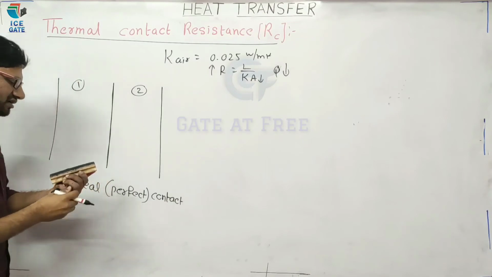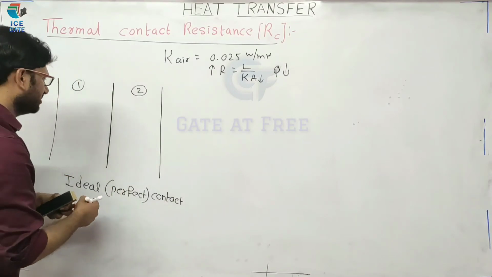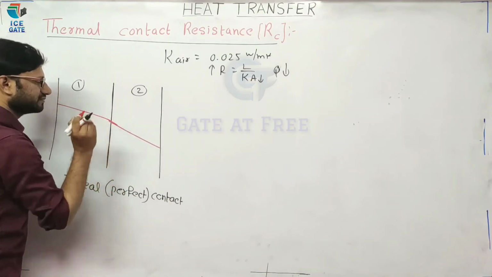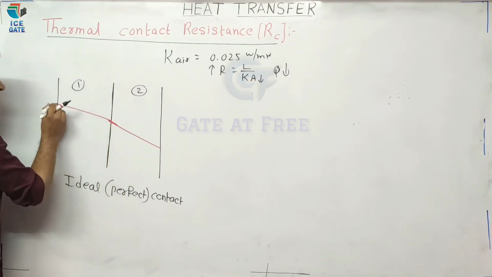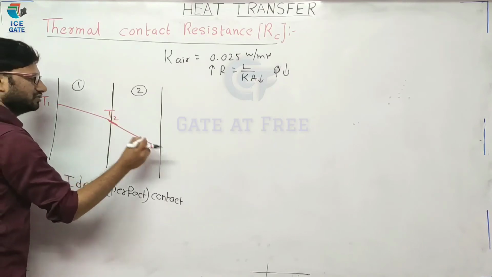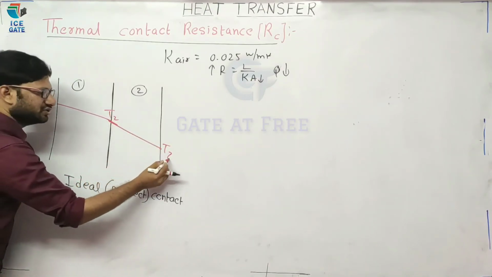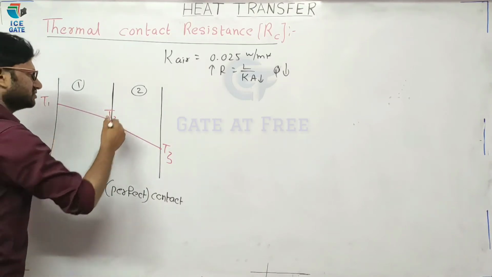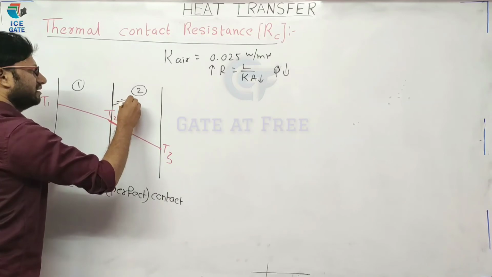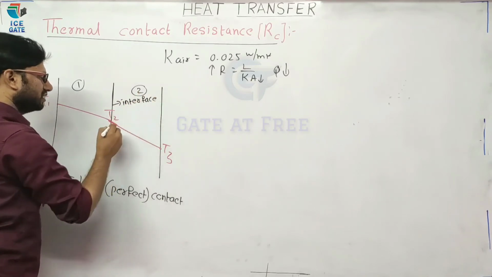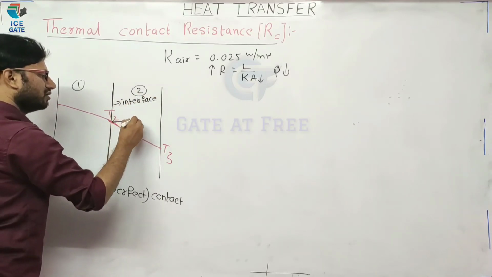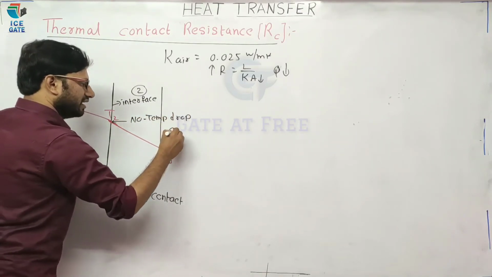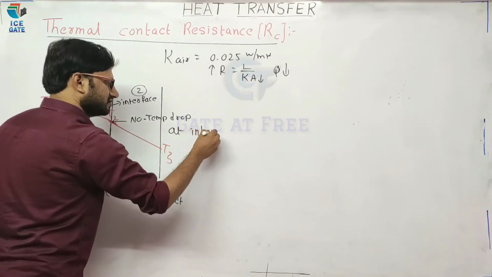So due to the perfect contact, as we assumed, the temperature profile is continuous. Say this is T1, this is T2, this is T3. There is no temperature drop at the interface.